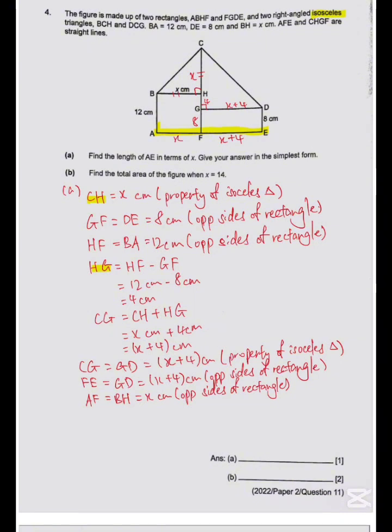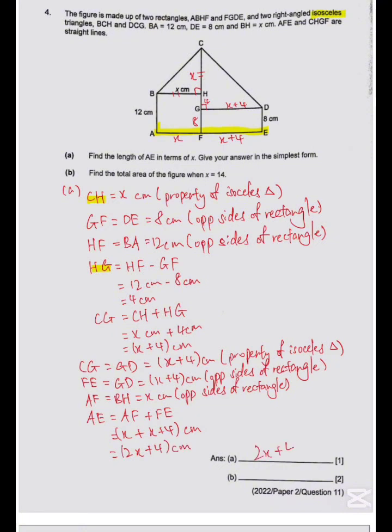So now can we find AE then? So now, right, then AE will just be equals to AF plus FE, right? So that would be x plus (x plus 4) cm, which is equals to 2x plus 4 cm.